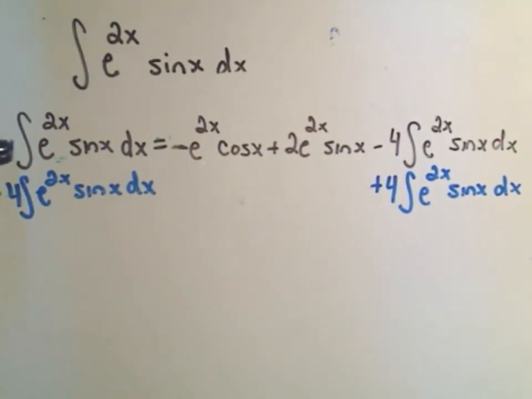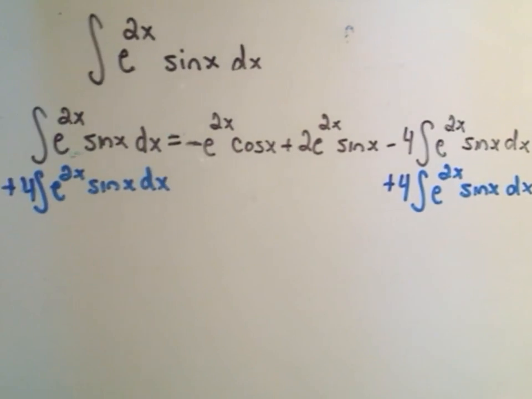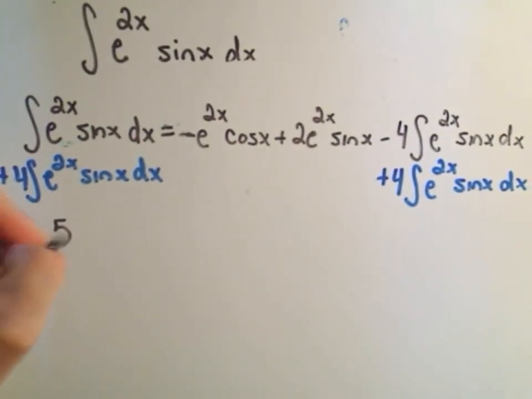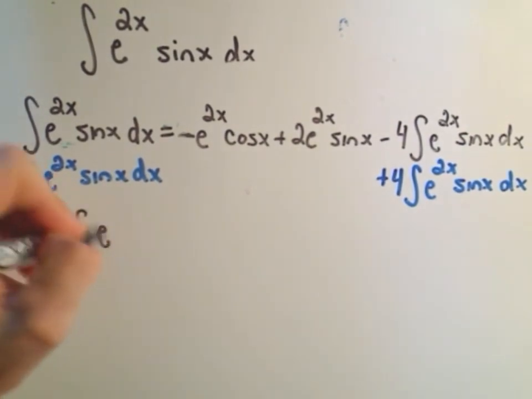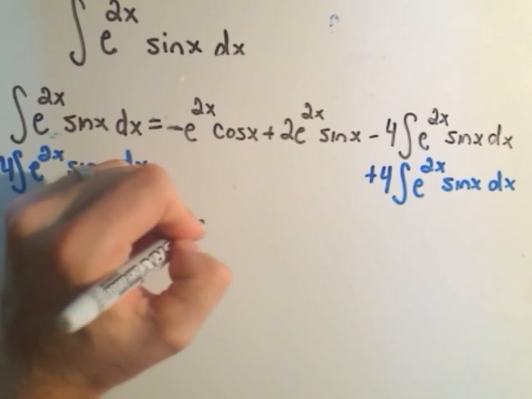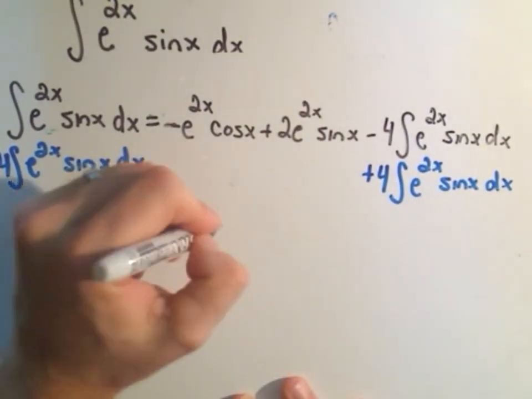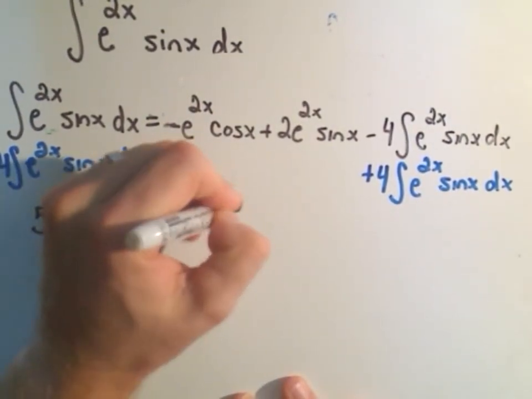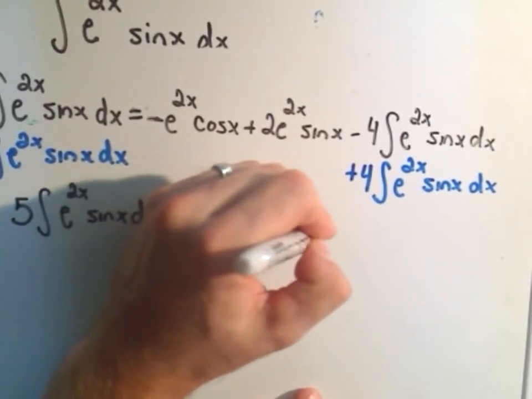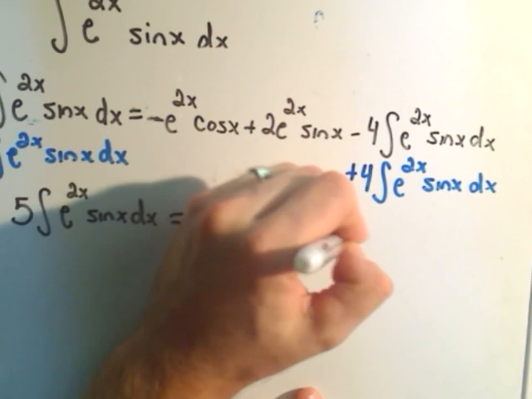If I have one e to the 2x sine x and I add on another 4 of those, what I have on the left side now is 5 times the integral of e to the 2x sine x dx. And notice on the right side, there's no more integral now. We have negative e to the 2x cosine x plus 2e to the 2x sine x.